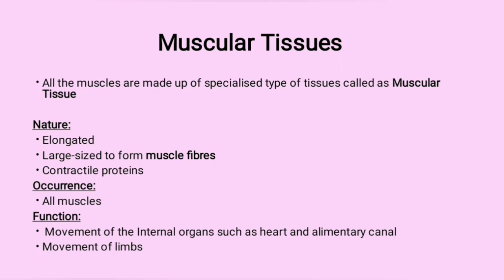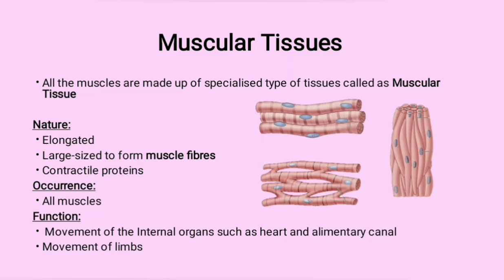The muscle tissues of the body form the contractile tissue and are made up of muscle cells. Muscle cells are elongated and large in size, and because of this length they are also called muscle fibers. The movement of the body or limbs is brought about by the contraction and relaxation of contractile proteins which are present in muscle cells.